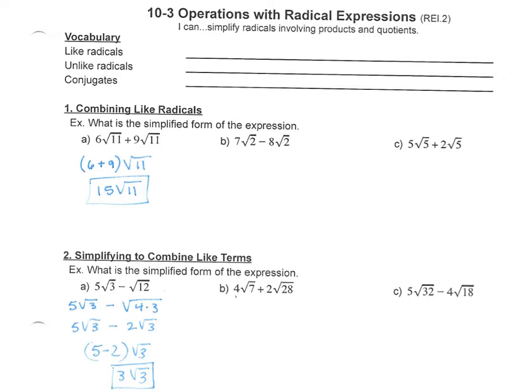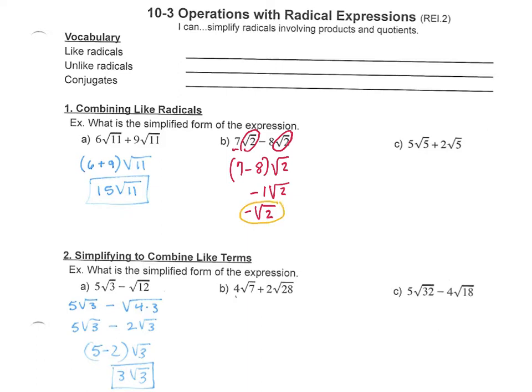So looking at B here, we do have like radicals, they're both the square root of 2. So we have 7 minus 8 square root of 2, which is going to be negative 1 square root of 2, or we can simply write that as the negative square root of 2 because the 1 is understood.